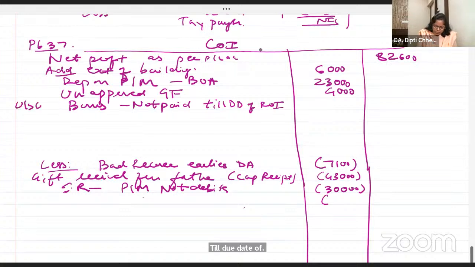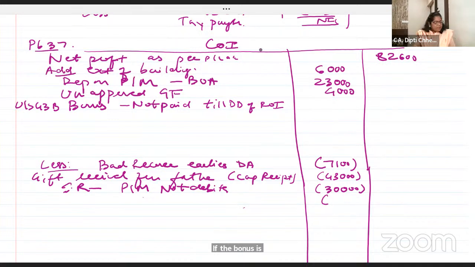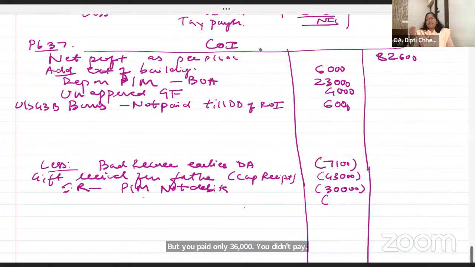I want all of you to write under section 43B, if the bonus is due and you have debited in P&L account 36,000, pay. But you paid only 30,000, you didn't pay. So that will not be allowed. ऐसे तो फिर everyone will do outstanding, no?